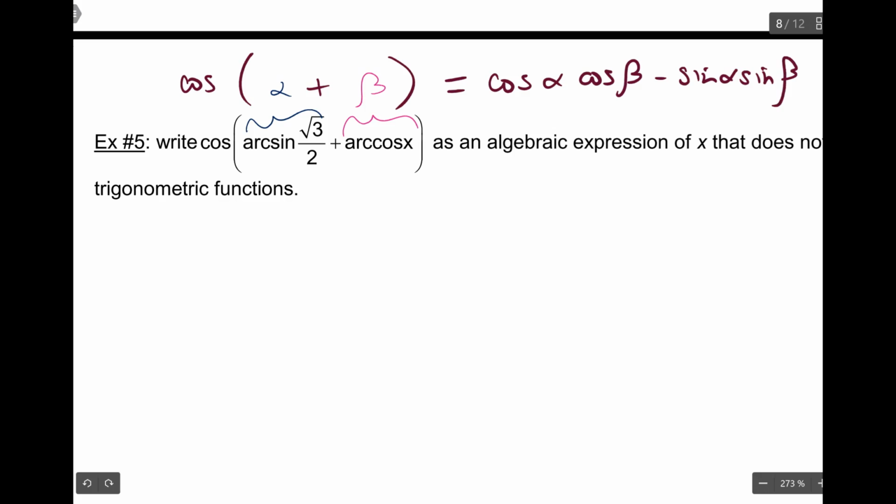Alright, so now I know how to plug in. Every time I see alpha, plug in arc sine square root of 3 over 2.